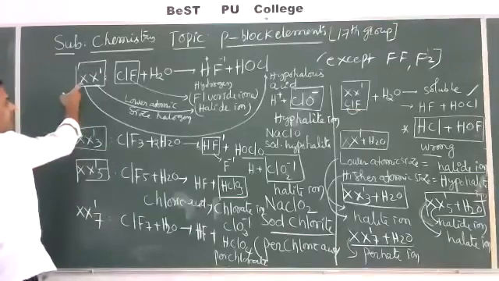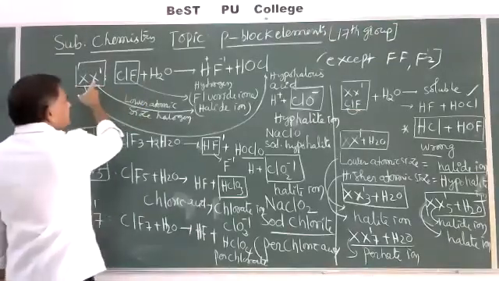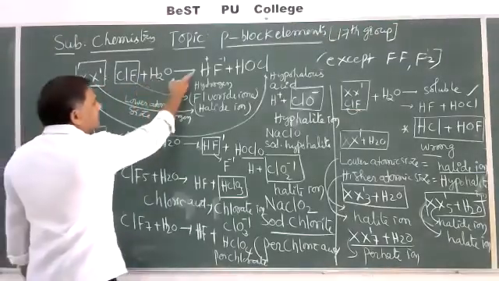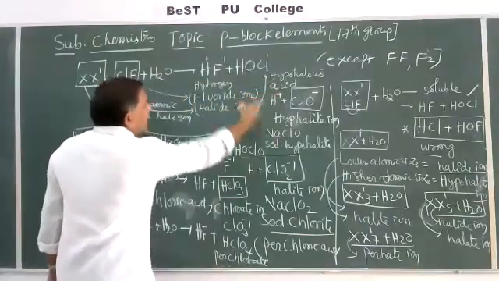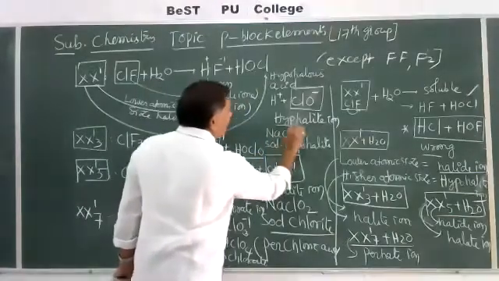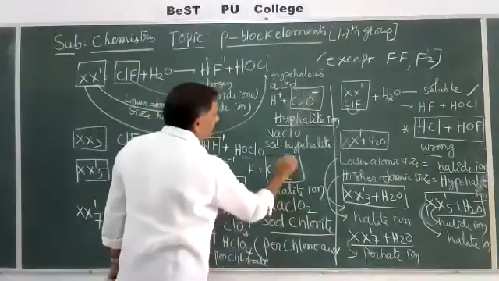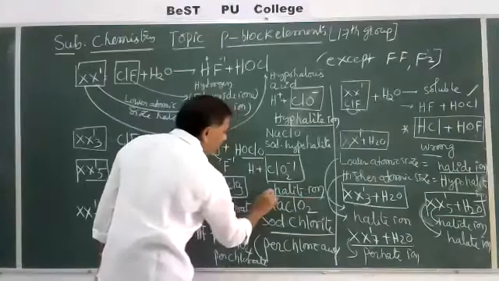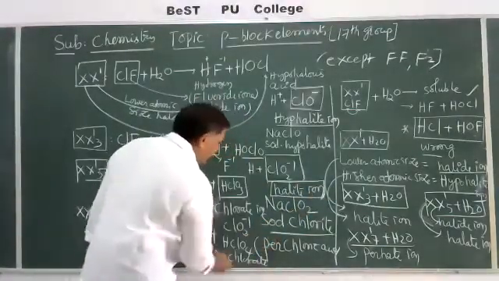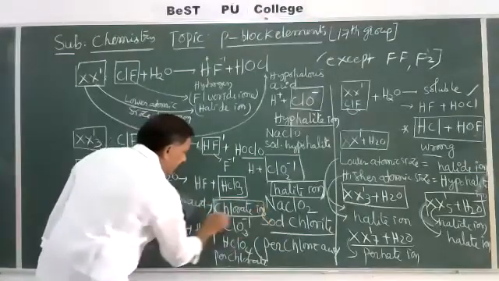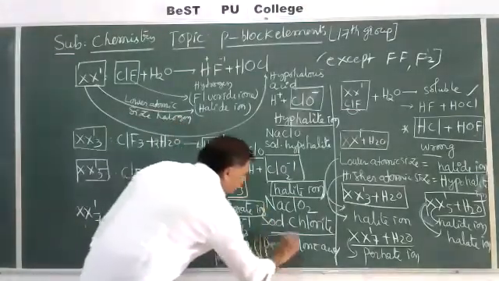So these are four very important ones. When X dash is reacted with water, it gives the corresponding halide ion and hypohalous acid. From that, we get the corresponding hypohalite ion. Second one is the halite ion. Third one is the halate ion, this is the chlorate. Fourth one is perchlorate.